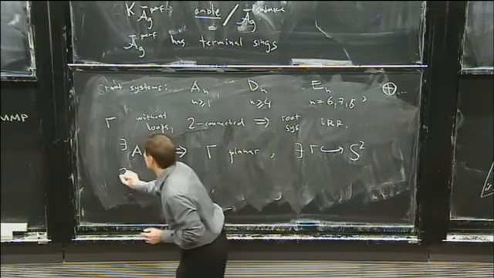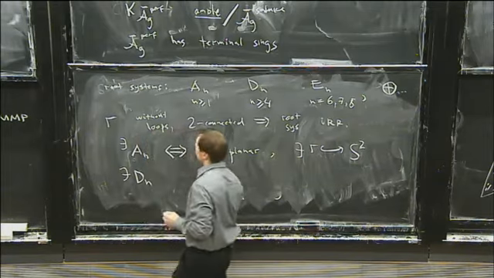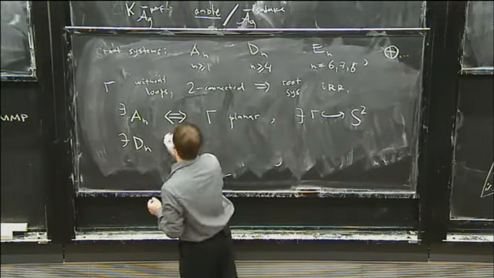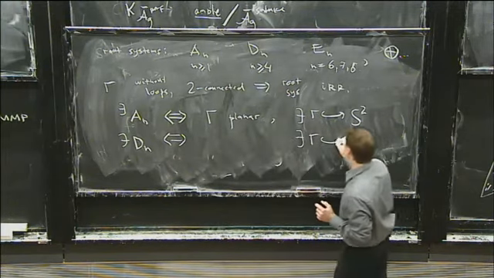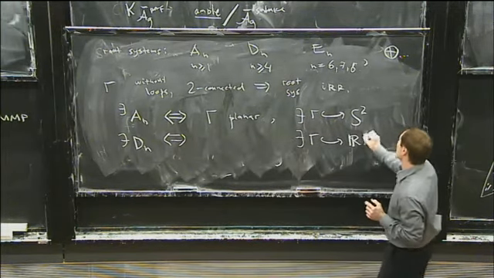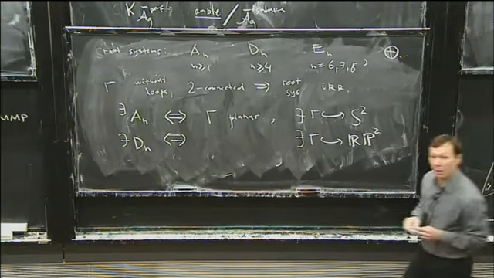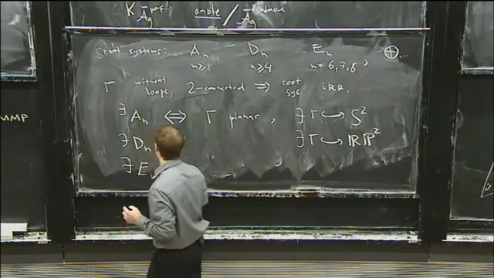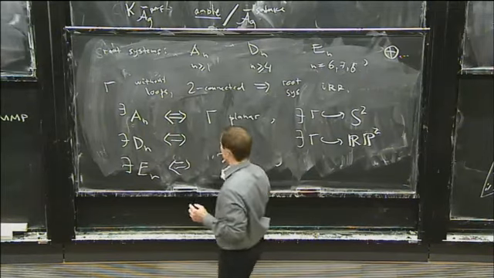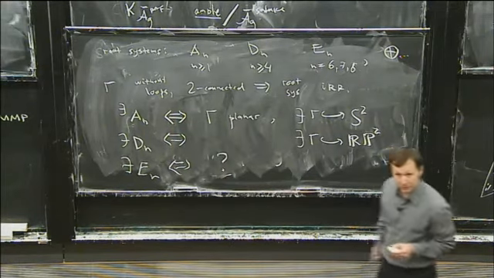And there exists a D_n if and only if the graph is projective planar. It can be embedded into RP2. And there exists an E_n, and I have no idea. I don't know what the answer is.